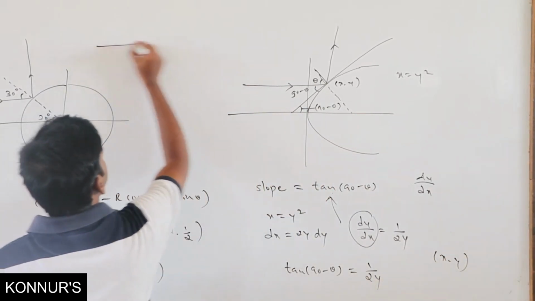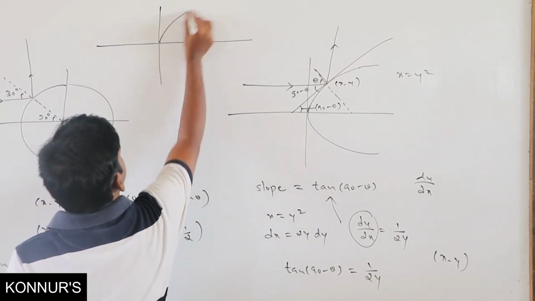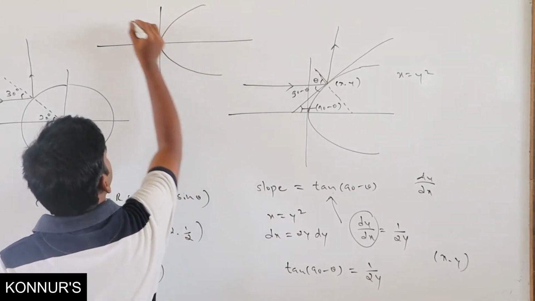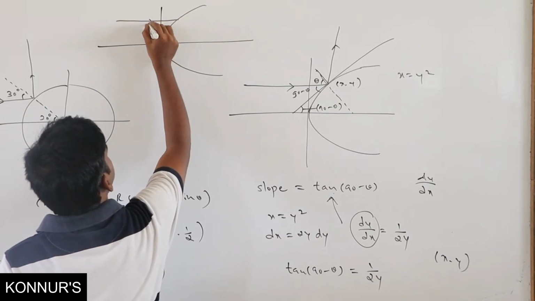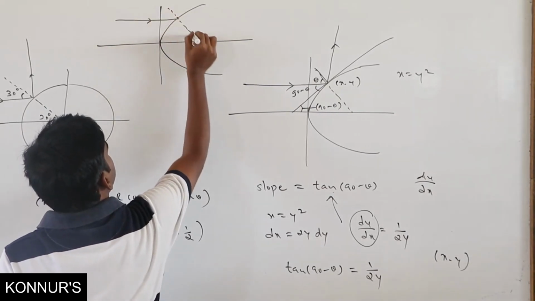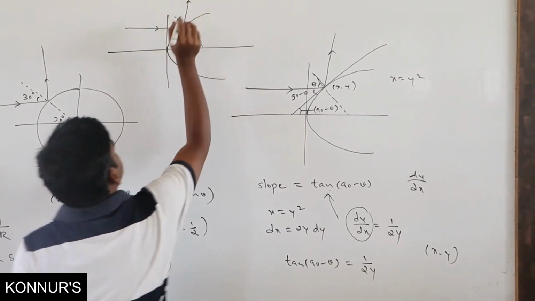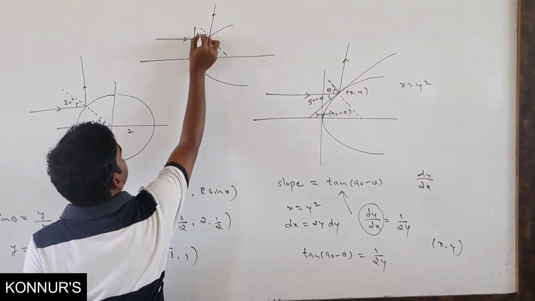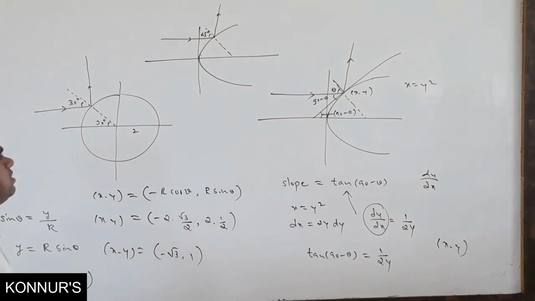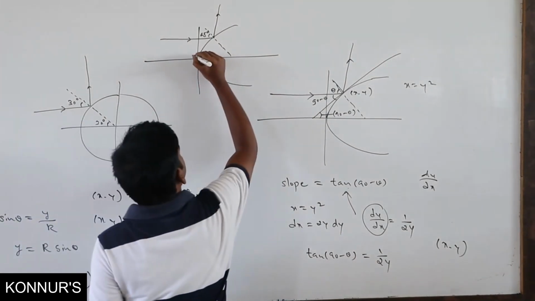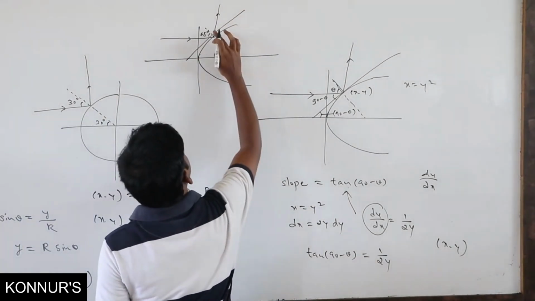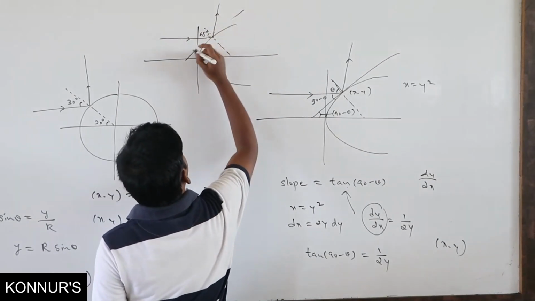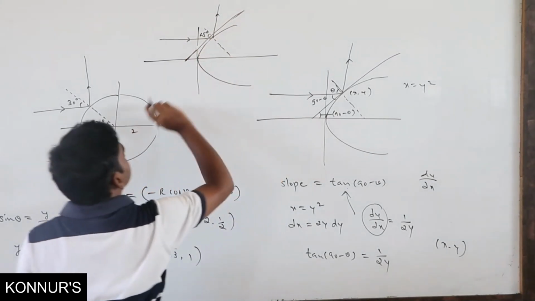Suppose you take a curve here, suppose this is the curve. If the angle of incidence here is, say, 45 degrees, draw the tangent over here.